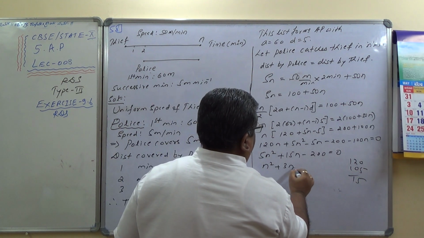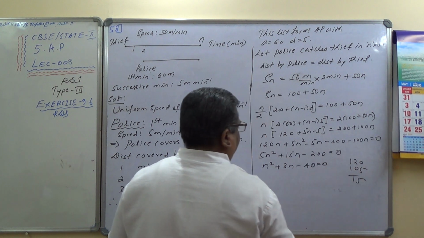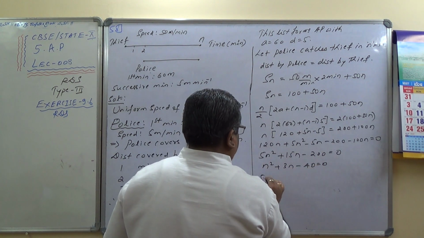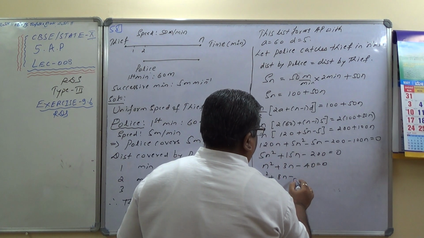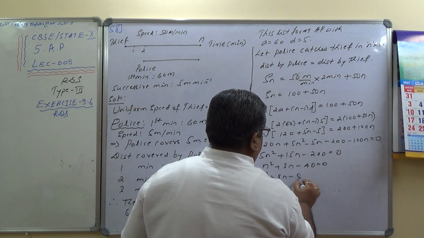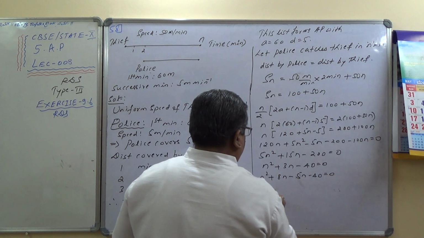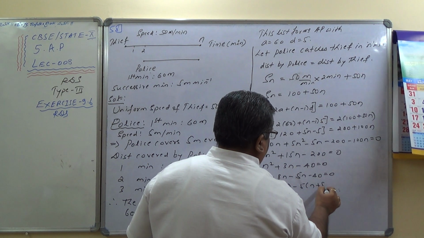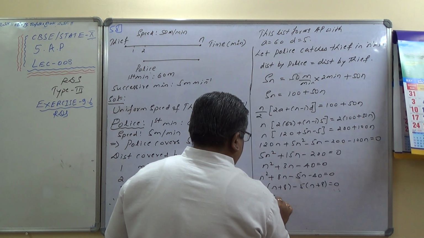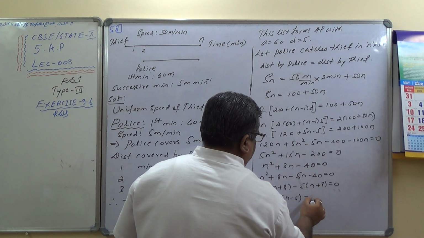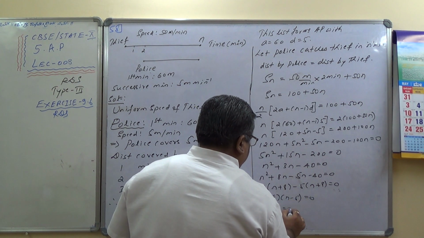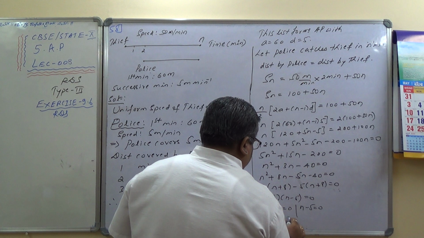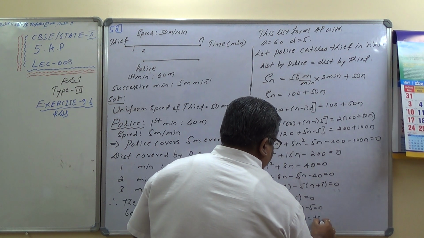n square plus 3n minus 40 equals 0. So 40, 8 into 5, n square plus 8n minus 5n minus 40 equals 0. n plus 8 equals 0, n minus 5 equals 0, n equals minus 8 minutes, n equals plus 5 minutes.